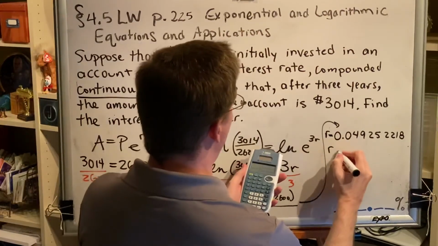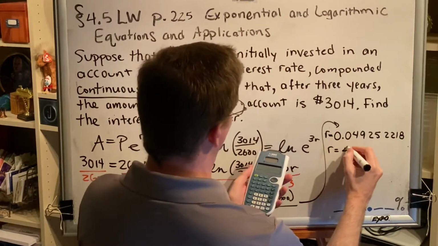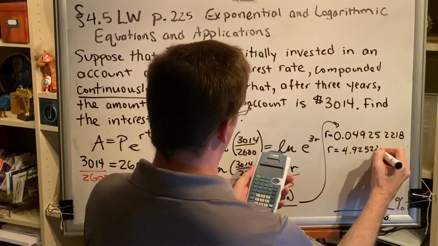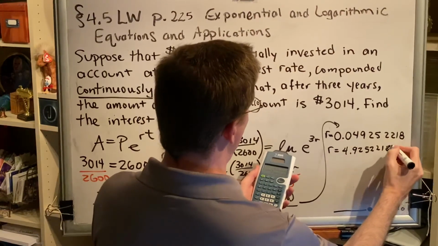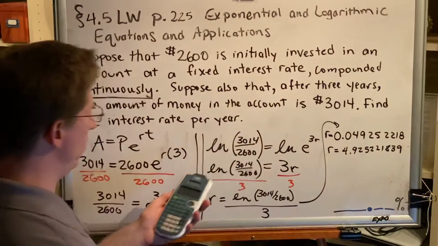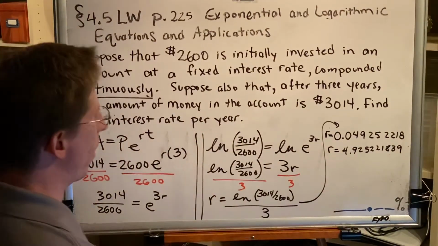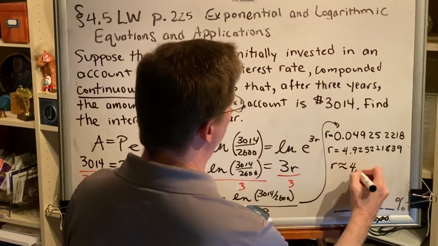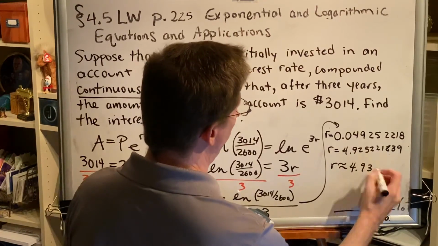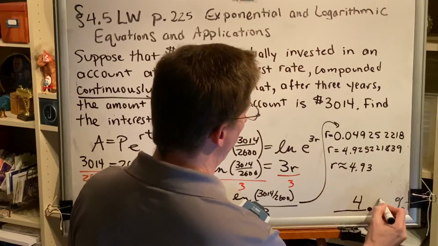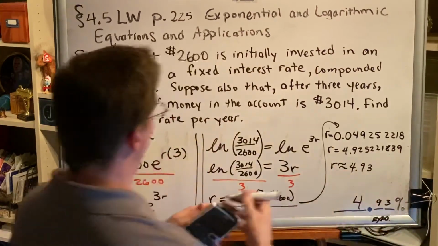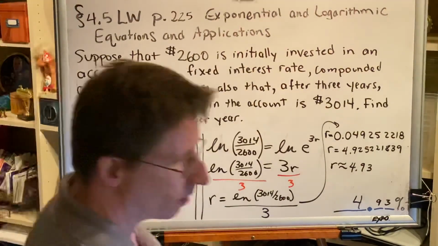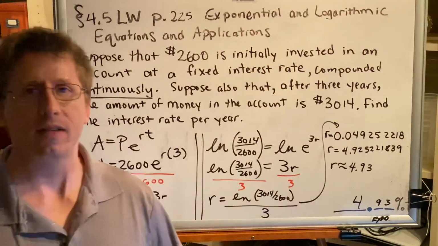So r is equal to 4.925221839, and then round, and we're rounding to 2 decimal places, so r is approximately equal to 4.93%. Okay, so we found the interest rate, and that is the end of this problem.